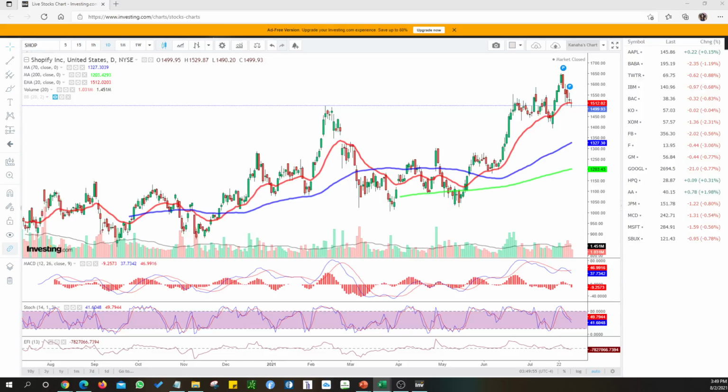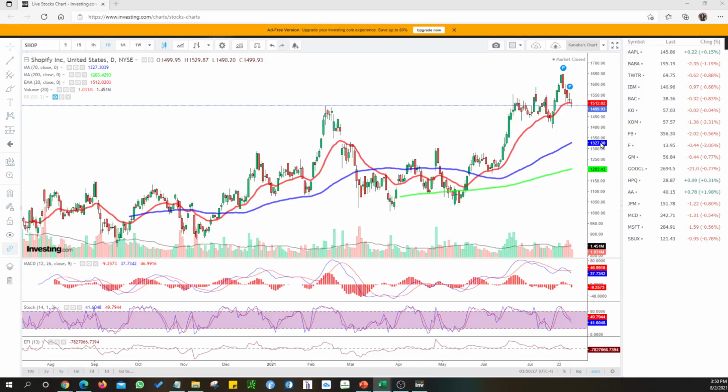So what I am summarizing is, if you are looking for an entry, no evaluation needs to be done, and there is no immediate short term indication in Shopify's technical analysis.